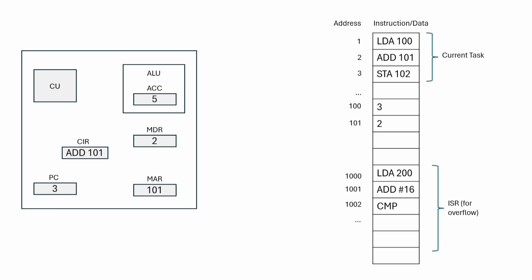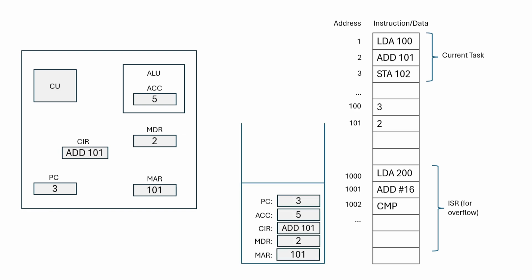So the first thing we need to do is store all of the information that is in here, 3, PC in here, 101, all of that information gets stored into a special structure. We call it a stack, but in reality, this data is actually part of the main memory, but I'm drawing it separately so you can understand it.